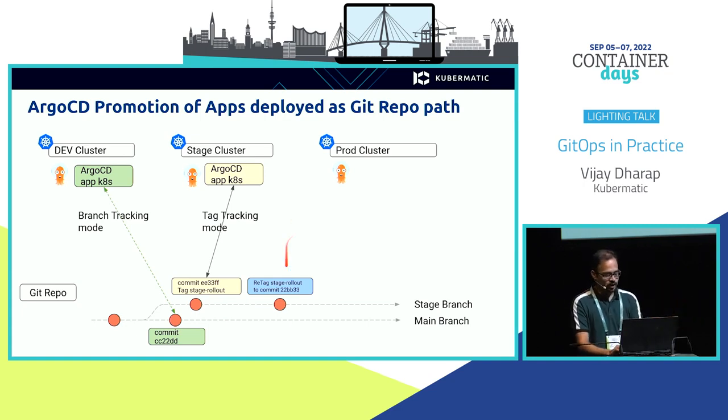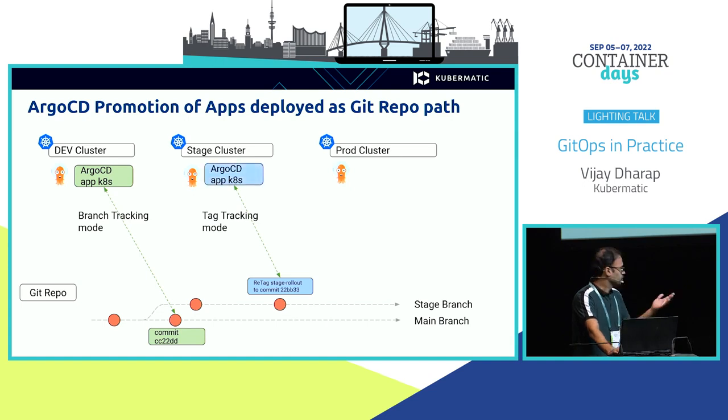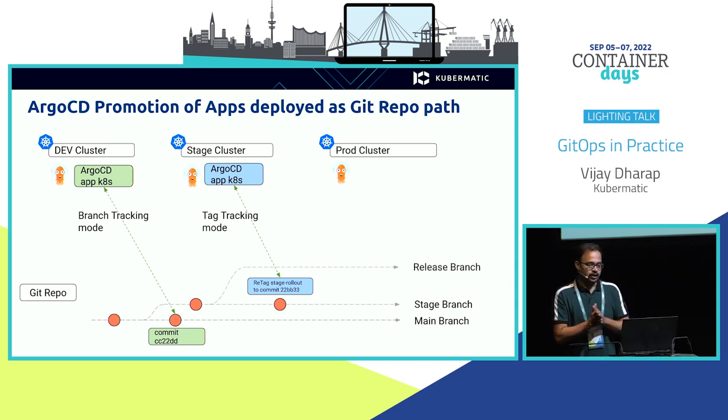But if you are confident about your changes, you just do a git tag with force to retag the stage rollout tag to a new commit. And the moment you do that, ArgoCD is going to pick up the new tag, and your application turns blue in stage, right?